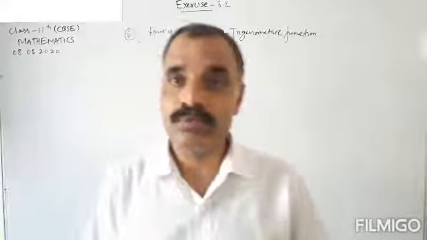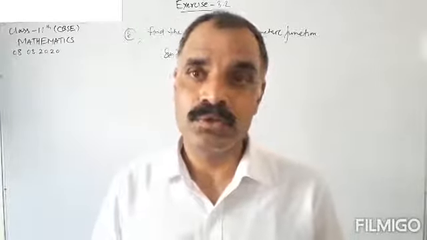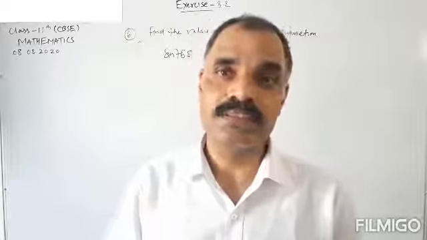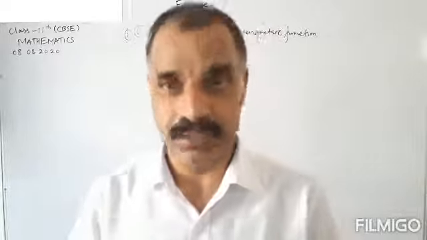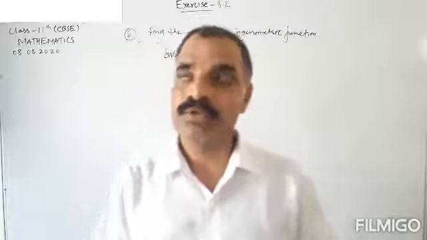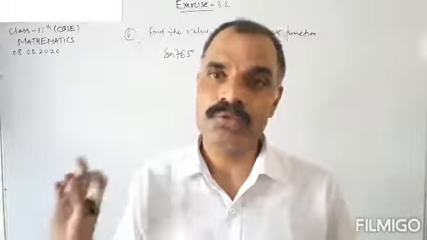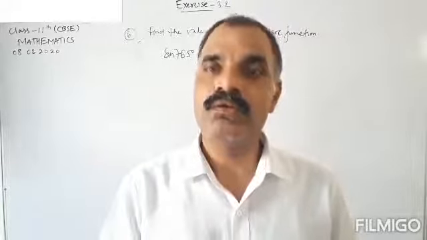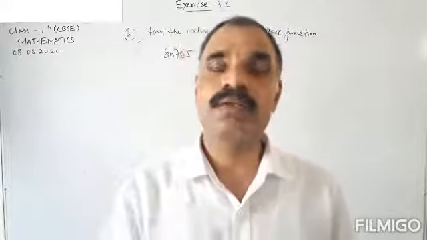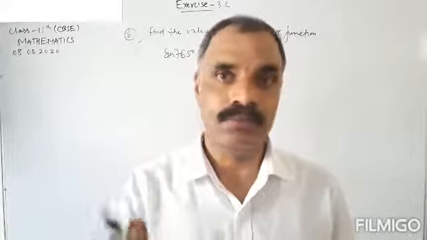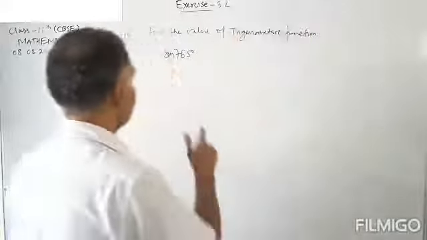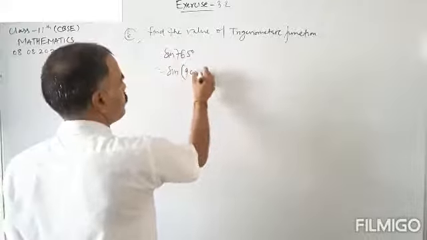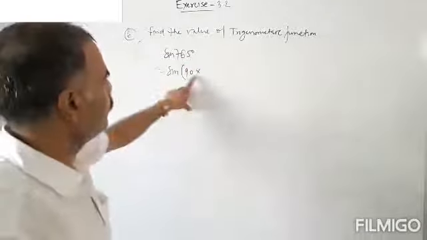Firstly, we have to know in which quadrant this angle will lie. Means 765 degree will lie in which quadrant. Okay. So we have to convert this angle into a multiple of pi by 2, or a multiple of pi, or a multiple of 2 pi. Okay. So this can be written as sin, 90 into how many? 90 into 8 is 720.